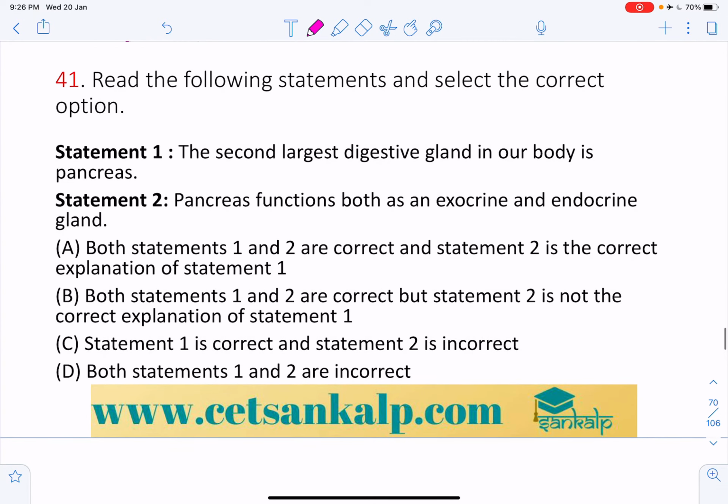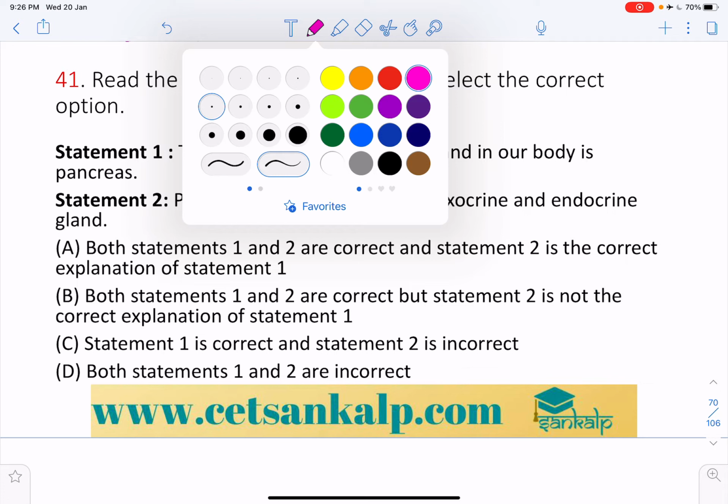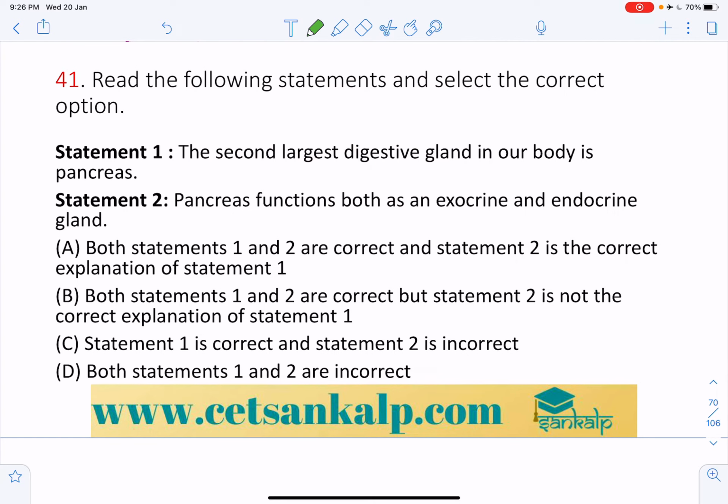Second question: read the following statements 1 and 2. The second largest digestive gland in our body is the pancreas. So the first largest is the liver, a very big digestive gland. Statement 2: the pancreas functions as both exocrine and endocrine gland.